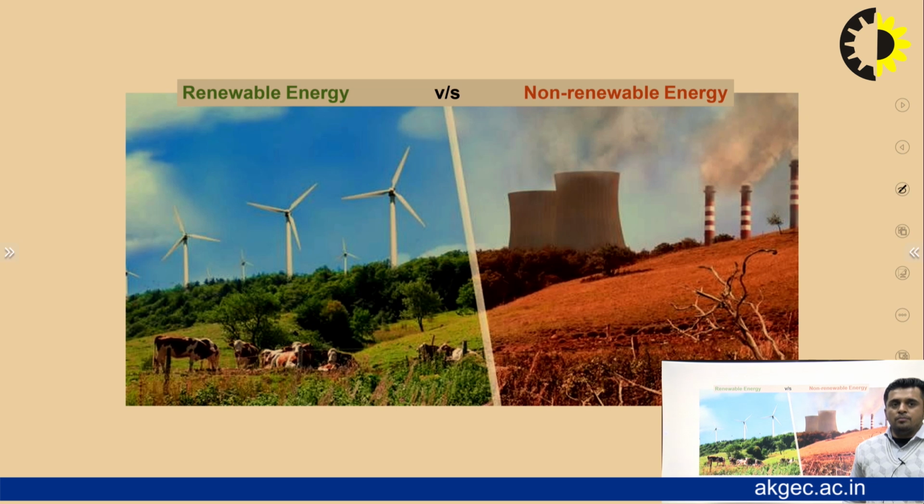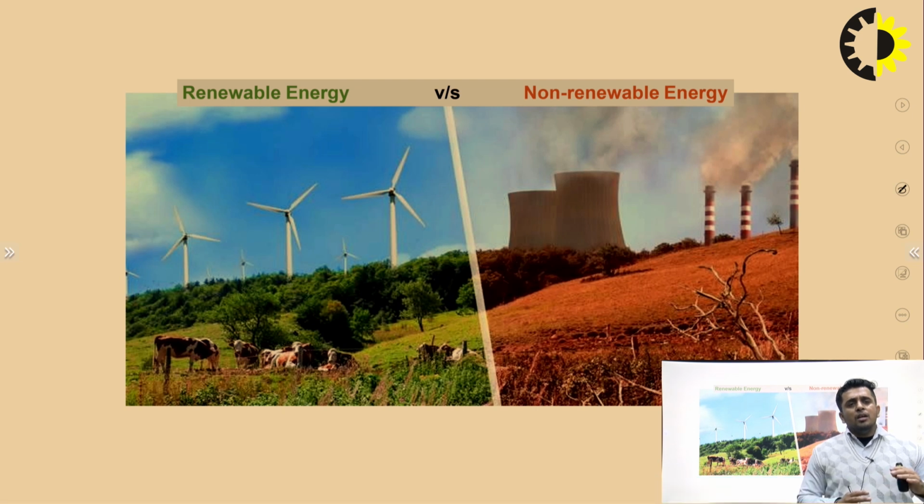So let us begin. The first question arises: as we all know, what is renewable and what is non-renewable? Renewable means the energy which can be renewed and used again and again, which doesn't have any limitations, which is available from an abundant source.